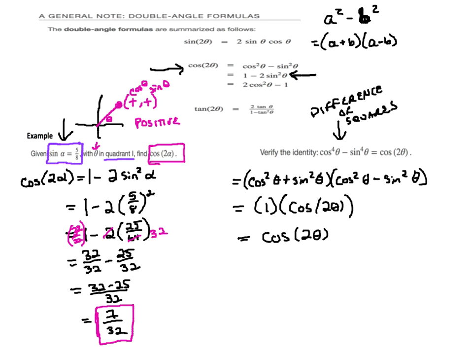Verified. That's all we had to do. So the real clever part of this one was that you had to pick up on the fact that that was a difference of squares, and you had to recognize that this factor right here is the Pythagorean identity. So not bad, but just a little cleverness that's needed.